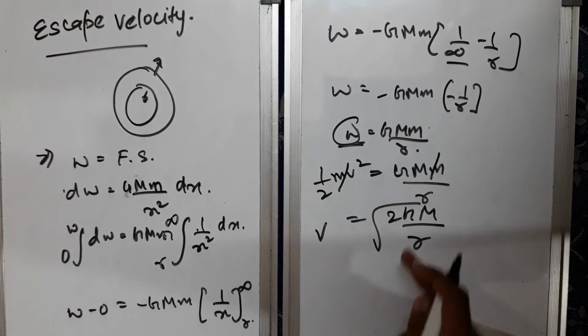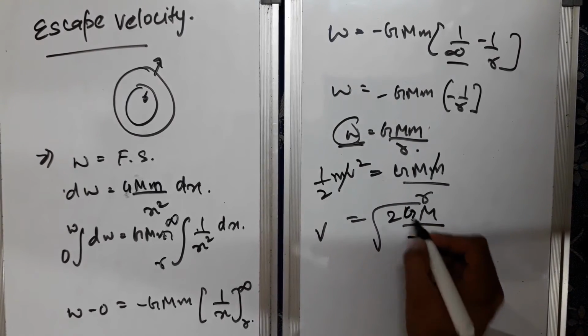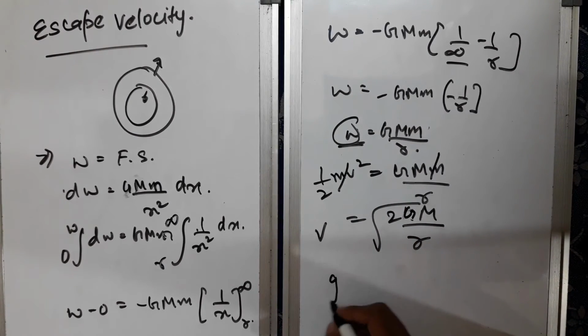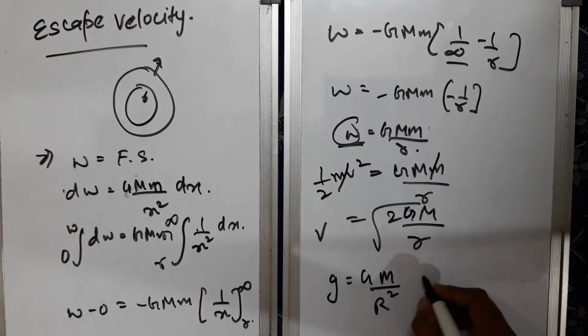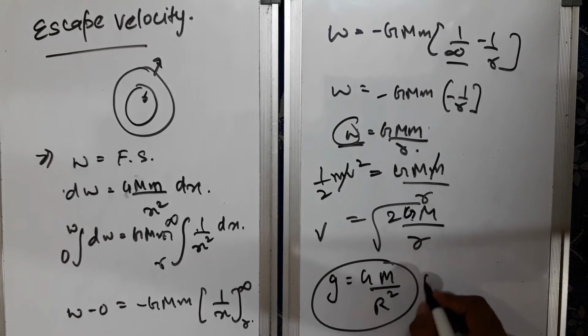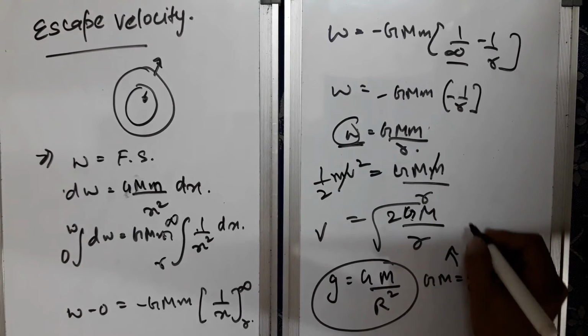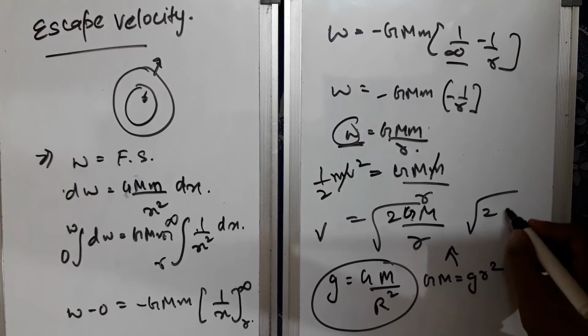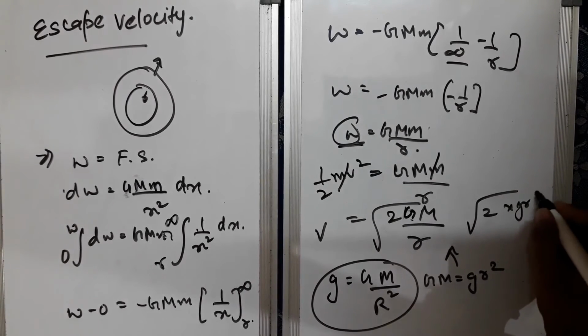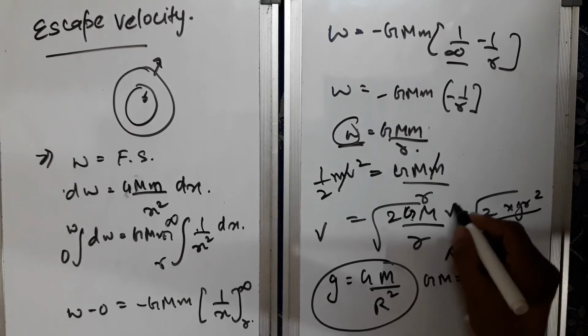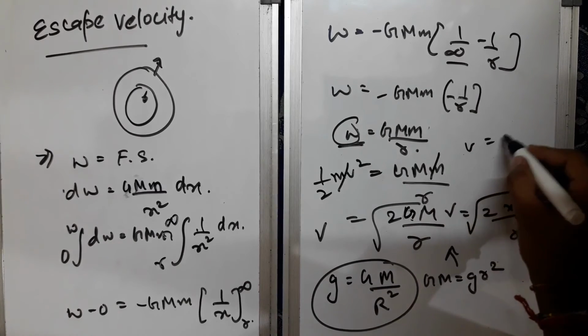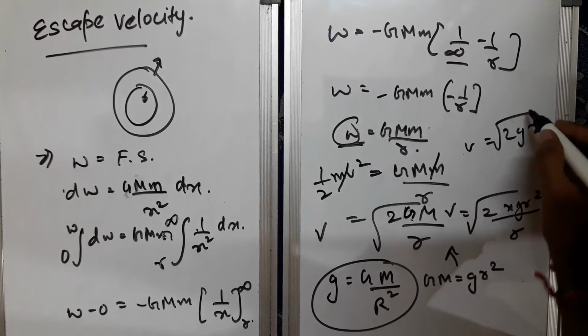So how can we modify it? We know that g is equal to GM upon r square. So GM is equal to gr square. Putting it here, we will get v equal to the square root of 2gr square upon r, so v is equal to the square root of 2gr.